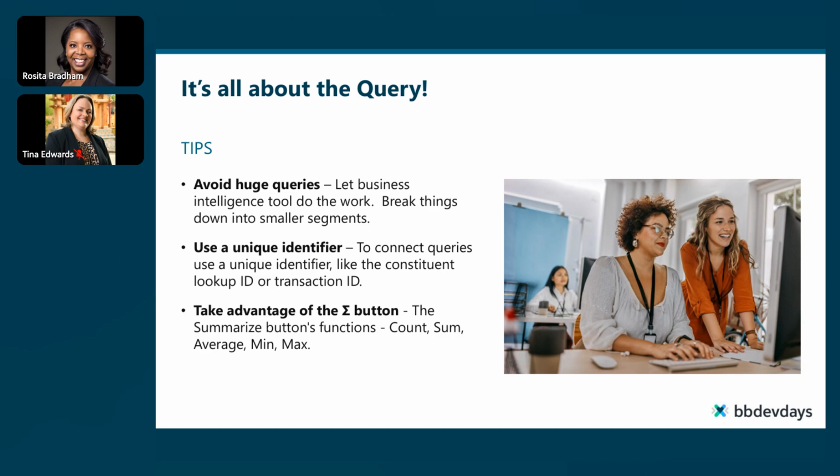This is like the backend database ID for that piece of information. So you can connect these different queries by using either the constituent's system record ID, or if you're grouping things by a particular designation, or if you want to see different programs, those system record IDs could be that good anchor to connect data between the two.